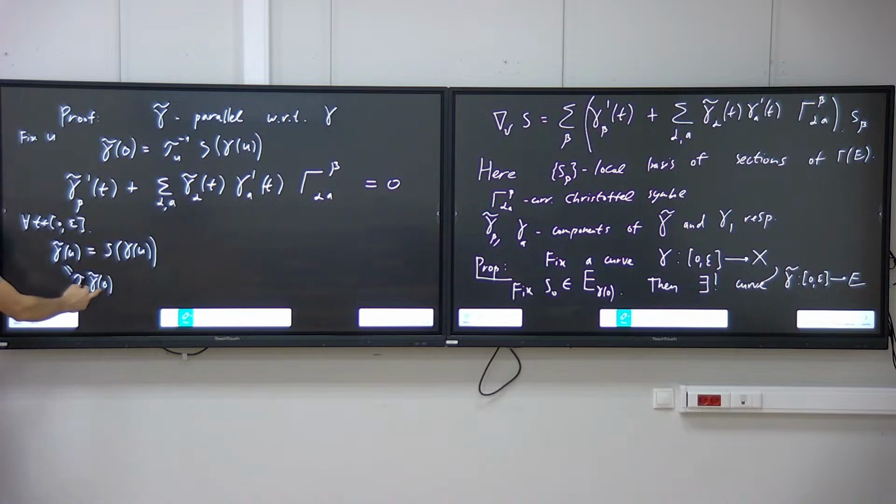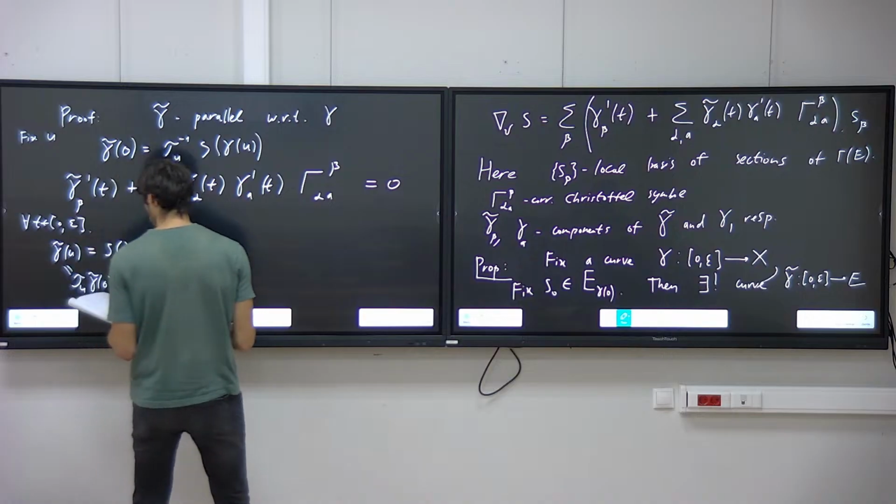And gamma tilde of 0 is this guy. So tau u and tau u inverse just cancel, and I have this. s is fixed, gamma is fixed.